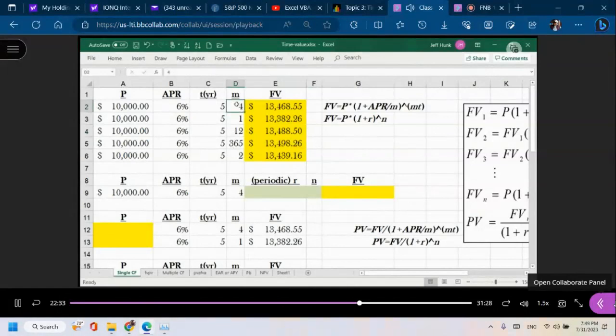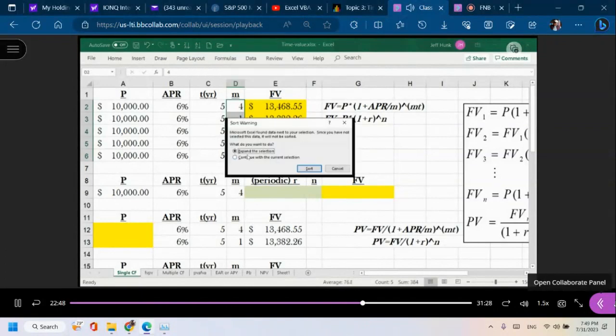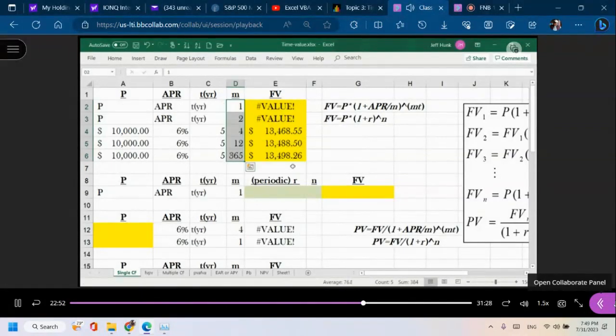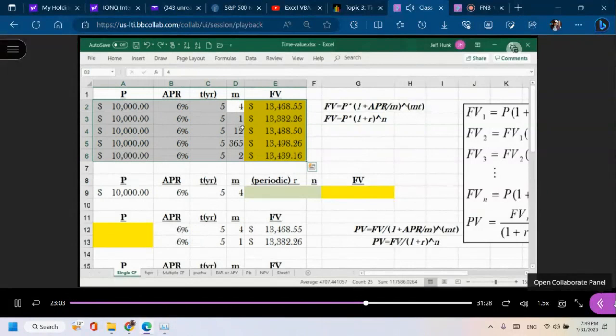And let me sort this. Oh, no. Why is it doing this?